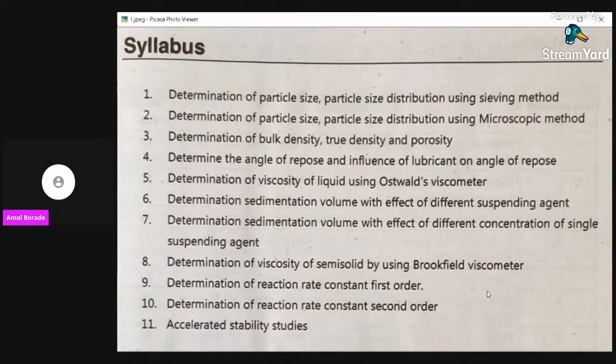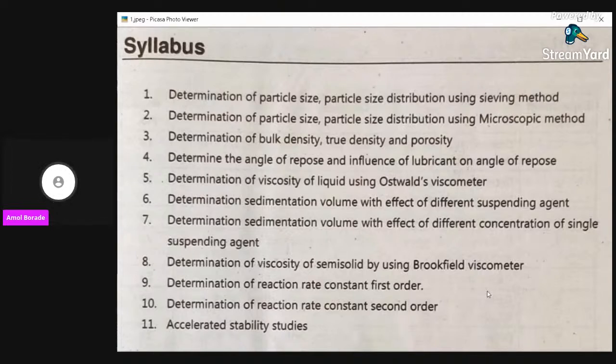In the earlier lecture, we have discussed several times that during the manufacturing of tablet or capsule, what we need to focus on is the journey of powder or granules from the hopper up to the die cavity. So this is the thing we always want.